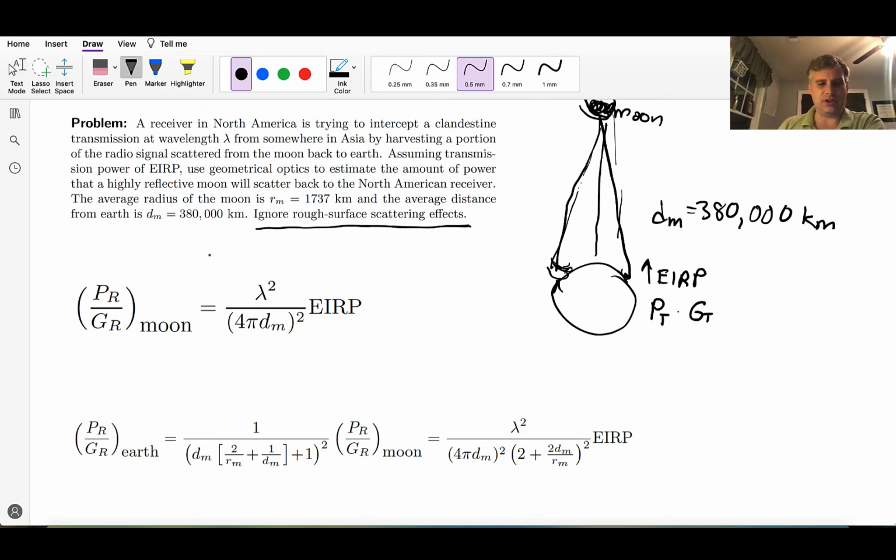So to start this, I'm going to start with the link budget. Here's my EIRP, which is really just transmit power times my antenna gain, so it would have units of watts. Of course, the first free space equation says this is going to be wavelength in meters. This is the distance traveled on the first leg up to the moon.